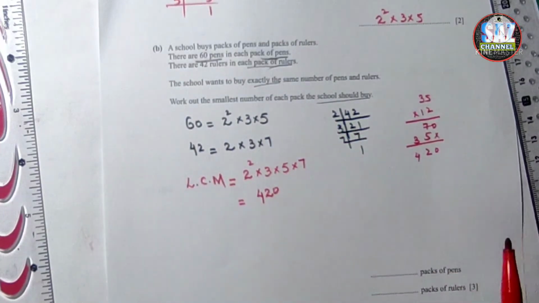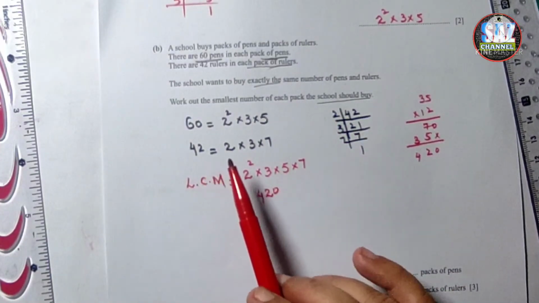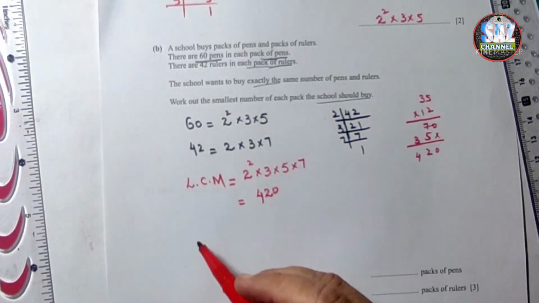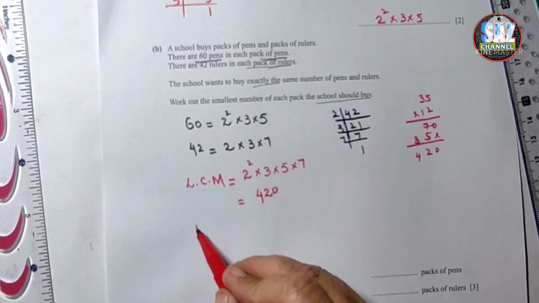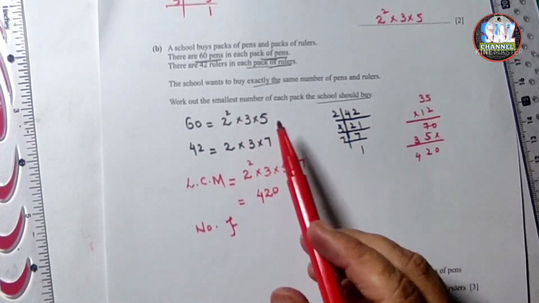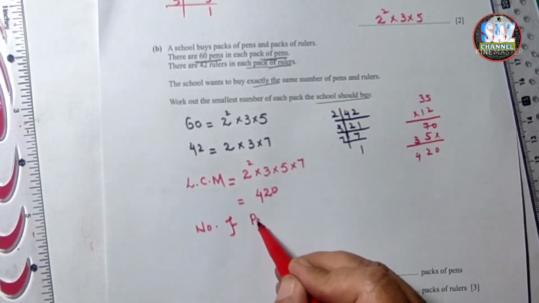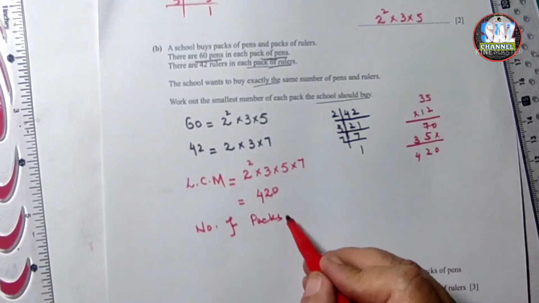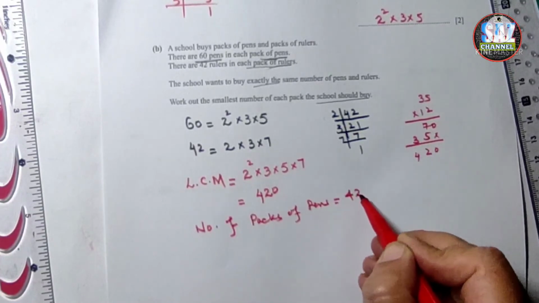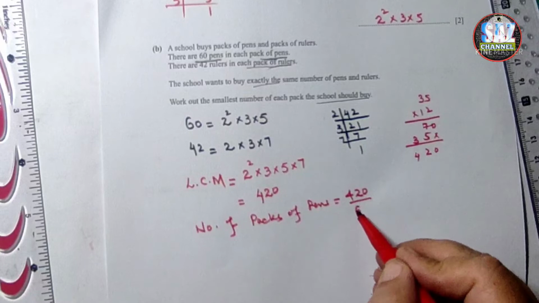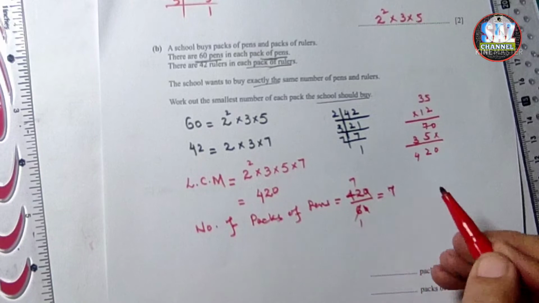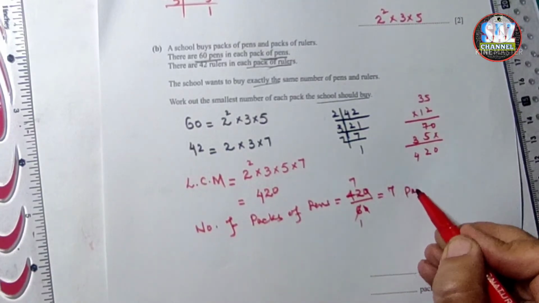In order to get the smallest number of each pack the school should buy, we have to divide the LCM by the quantity given. So 60 are the pens. The number of packs of pens will be equal to 420 divided by 60, which is 7 packs.